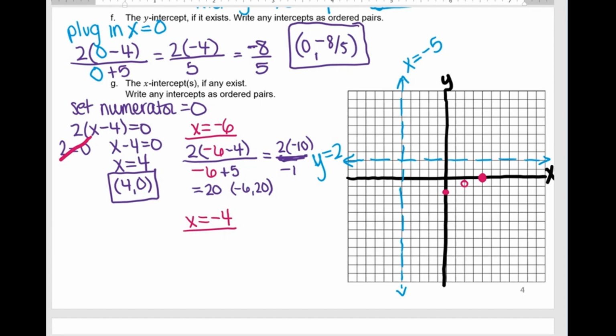On -4, we would have 2 times (-4 minus 4), plugging into the simplified version, all over (-4 plus 5). This gets me 2 times -8 all over 1, which winds up being -16. I have the ordered pair (-4, -16).